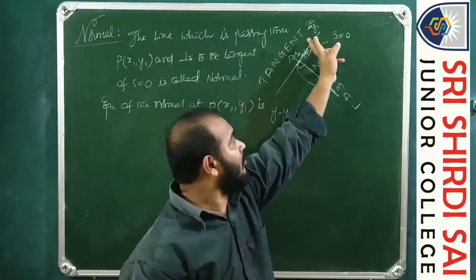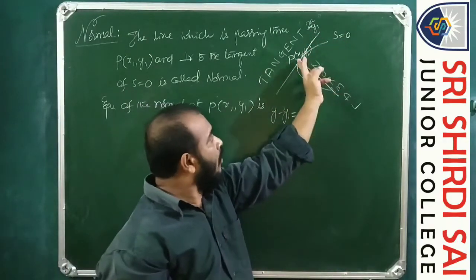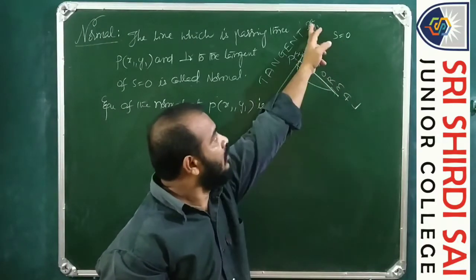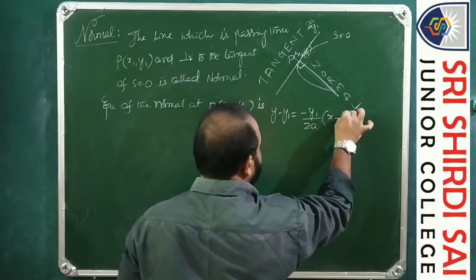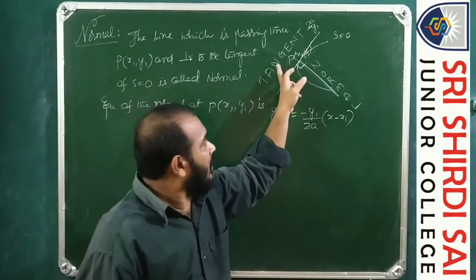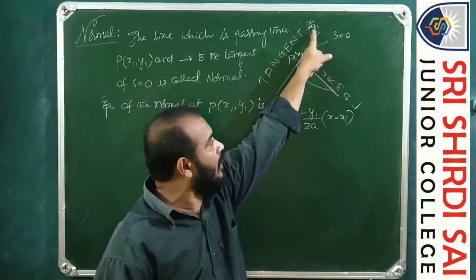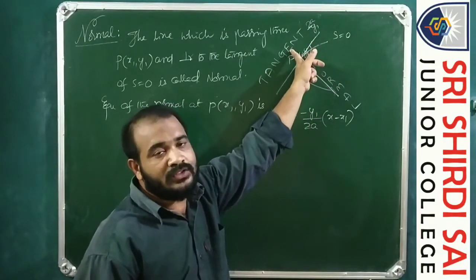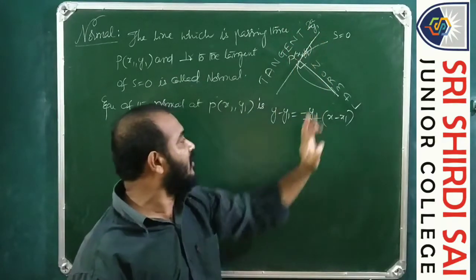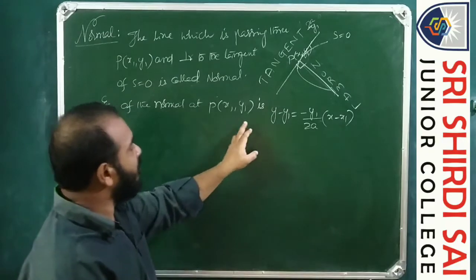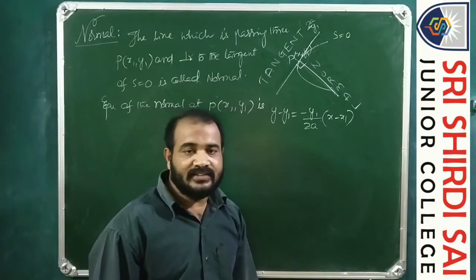And what is the slope of the normal? It is minus y1 by 2a. Since the tangent and normal are perpendicular to each other, if 2a by y1 is the slope of the tangent, you just reverse it and change the sign. Therefore, the equation of the normal at P(x1, y1) is y minus y1 equals minus y1 by 2a into x minus x1.